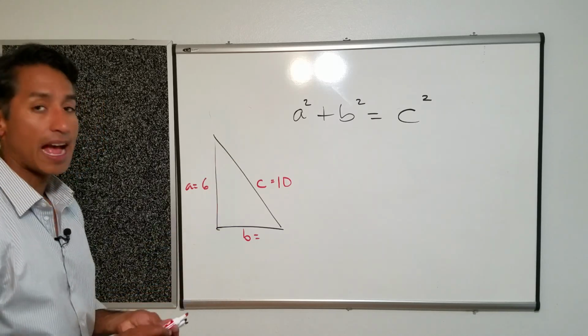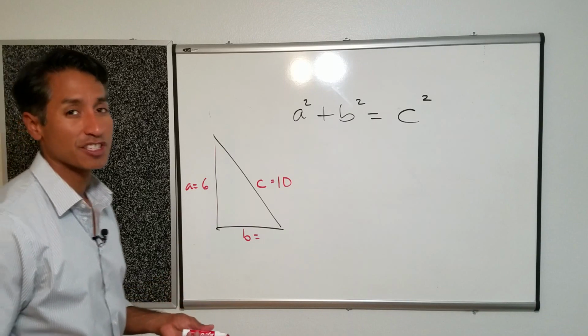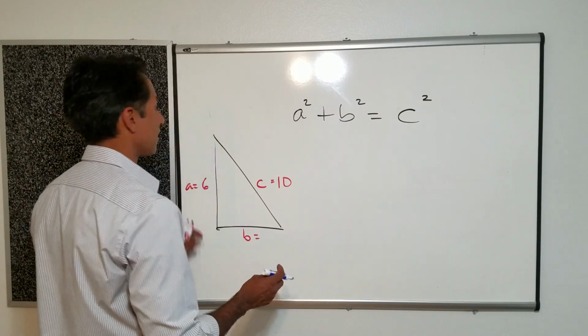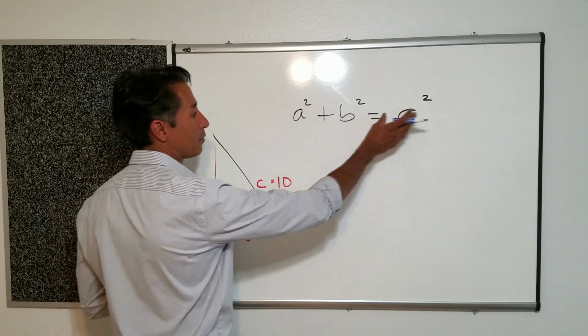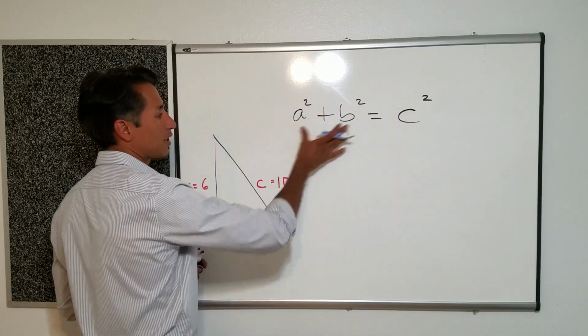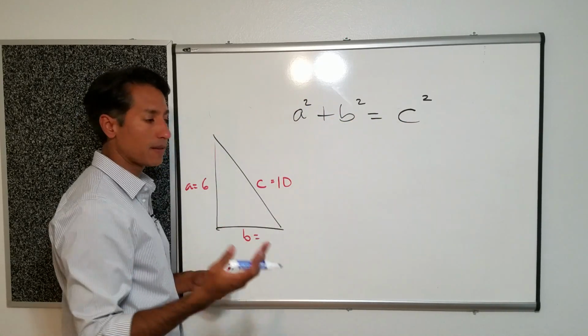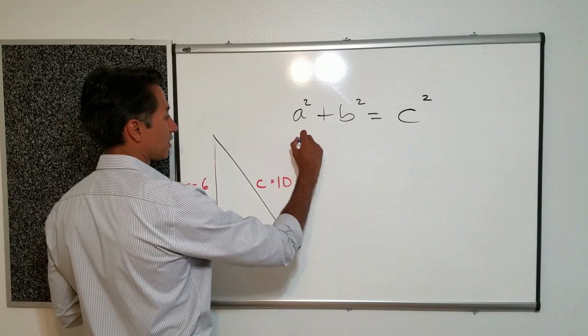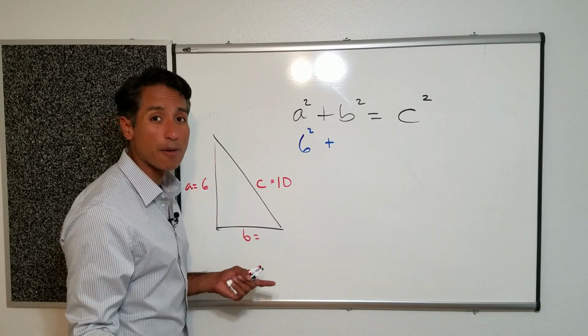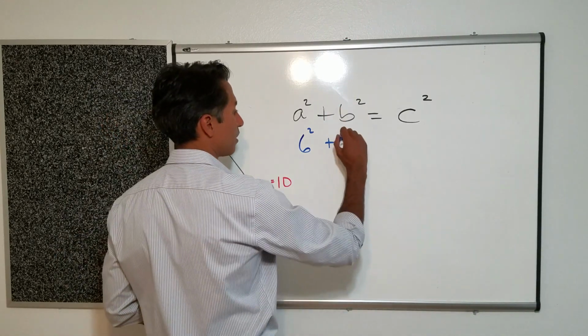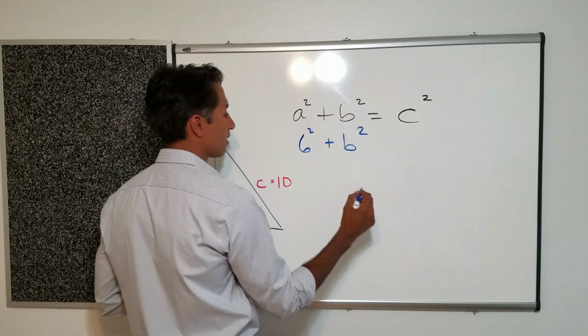Let's plug in what we got before we hit the panic button and just go, I can't do this. Let's plug in our values, because already we did it where we had a and b and we had to find c. But what if you're looking for one of these sides? Let's do it. a is 6, so we have 6 squared plus, well, I don't know what that one is, so let's just leave it alone and rewrite it as b squared.